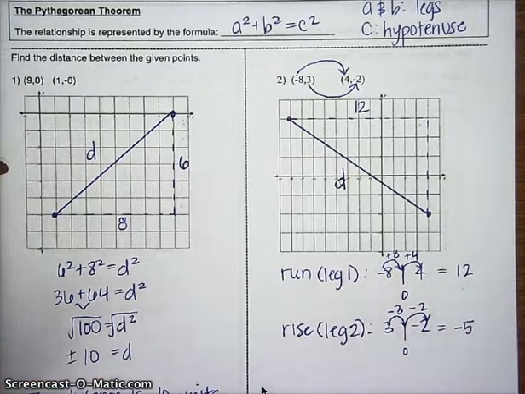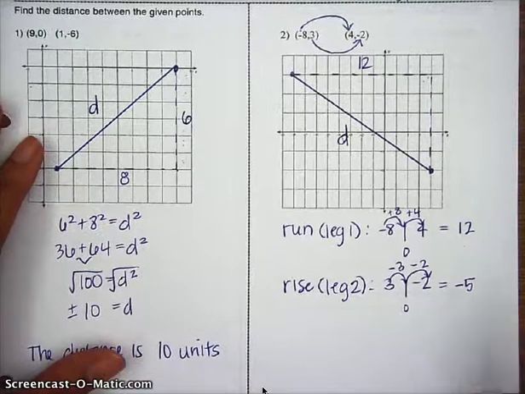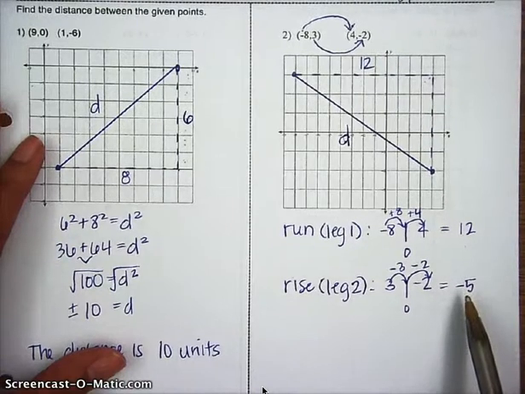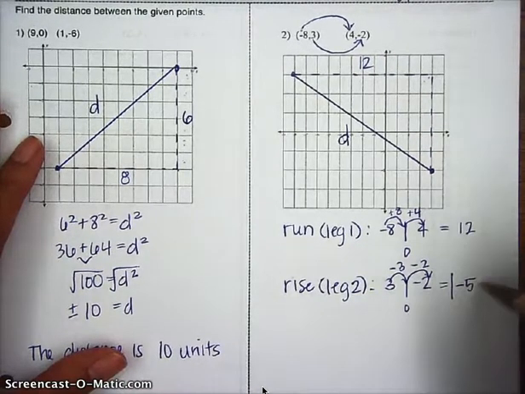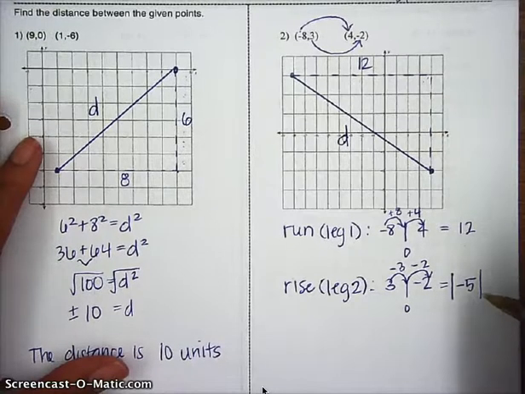Now here's something that you need to think about. Is it possible to consider length as -5? The answer is no. So in math, we do have something called the absolute value. It looks like bars around a number. What the absolute value represents is the distance from 0.